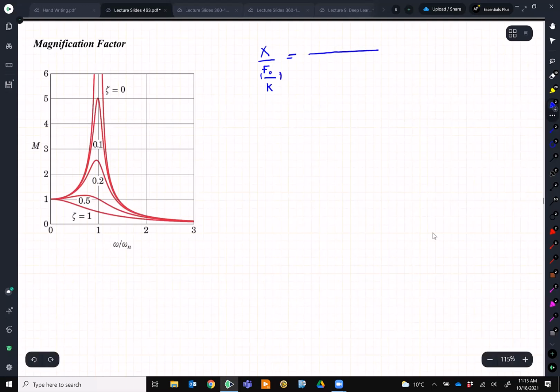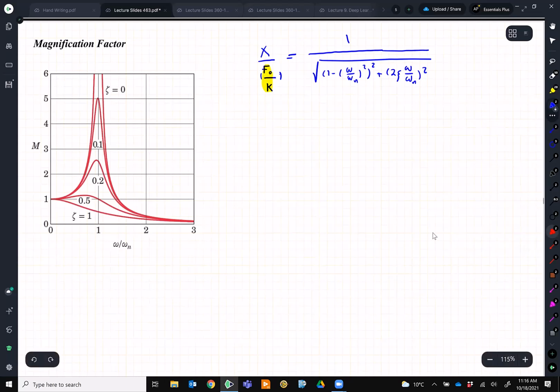And it will give me 1 over the square root of 1 minus omega over omega n squared, all squared, plus 2 zeta omega over omega n, all squared. So that's exactly the same equation, except I move that F0 over k to this side, to the left side.